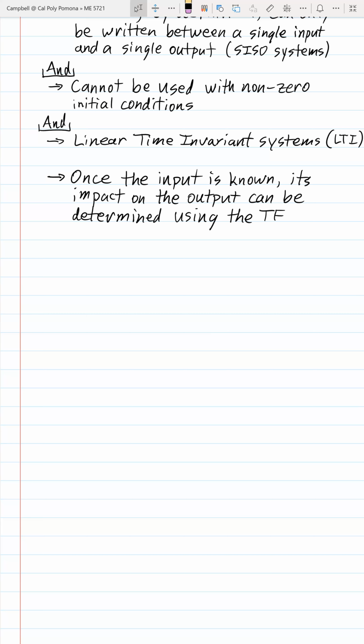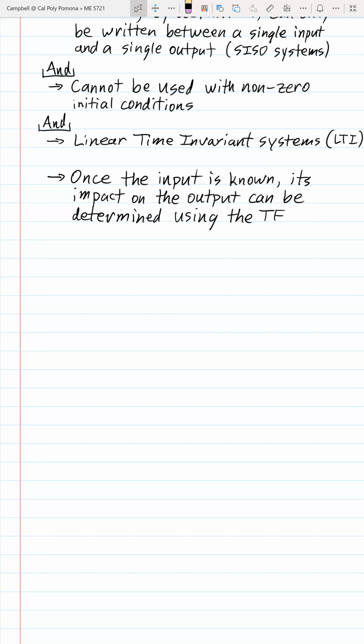And then, of course, being an LTI system, what could you do? Once you knew what was going on at one output as a result of both of the inputs, because you could keep writing these transfer functions between any input and any output, you would just sum together the effects, because that's the nature of a linear system.